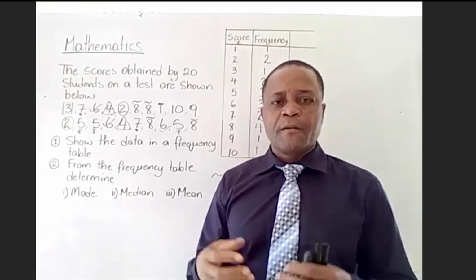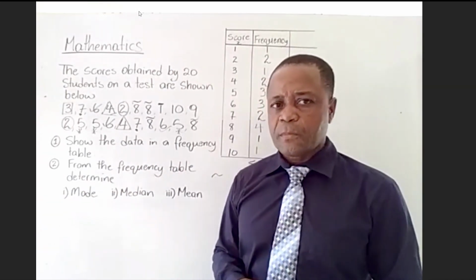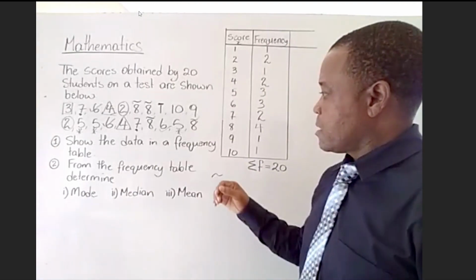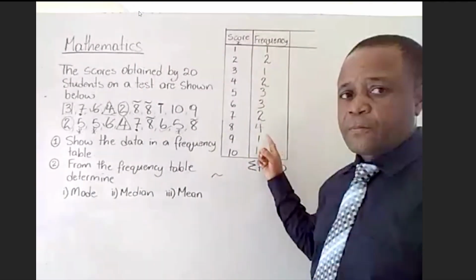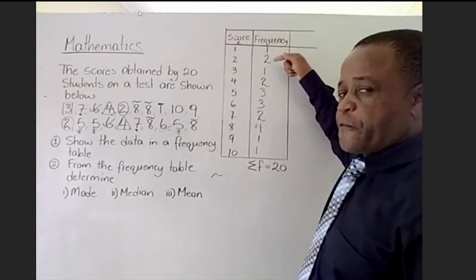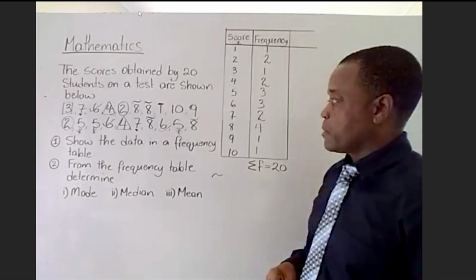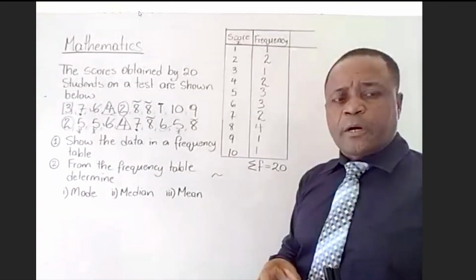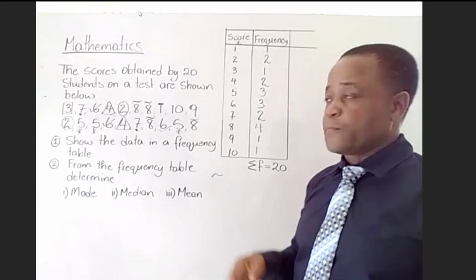Now, let's see what is the mode. To find the mode from the frequency table, what we will do is to look in our frequency column. What is it that we're looking for? We're looking for the highest frequency.